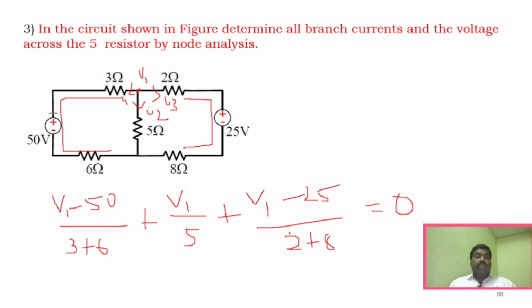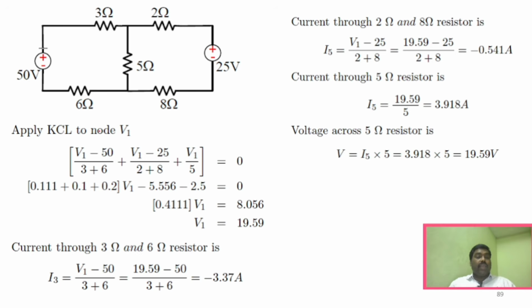If you simplify this expression, you can obtain V1, correct? So V1 minus 50 divided by 3 plus 6, this branch is V1 divided by 5, and this branch V1 minus 25 divided by 2 plus 8. If you solve this expression, you will obtain V1.